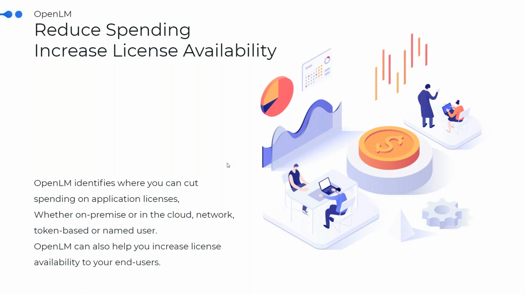Once you did reduce those amounts of licenses, you can have the availability increased, meaning that more people will have those licenses more of the time. This way, you use up the licenses the best you can.